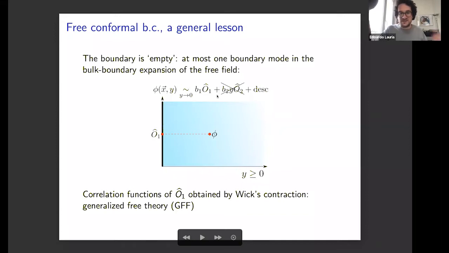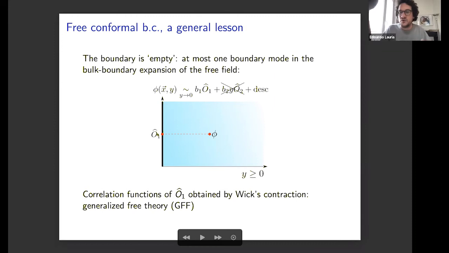So here is the example of the free scalar field. We had, in principle, two boundary modes allowed by the equations of motion and the symmetry, O1 and O2. But here, if I choose Dirichlet boundary condition, this is killed. And so I'm left with the other one. Which means that there is a one-to-one correspondence between what happens in the bulk and what happens in the boundary.